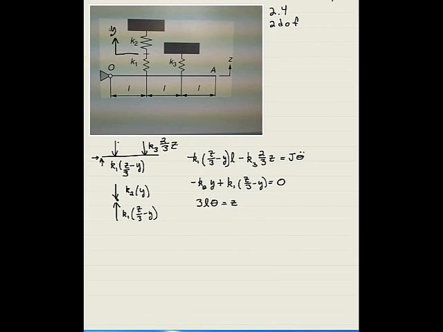You find that y equals K1 z divided by 3 (K1 plus K2). Okay, now what I'm going to do is simply substitute the value of y into the first equation.